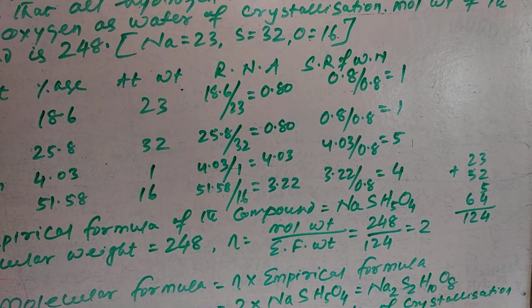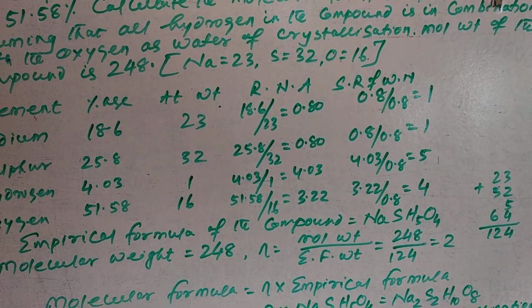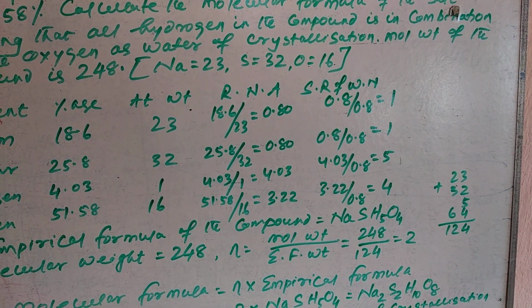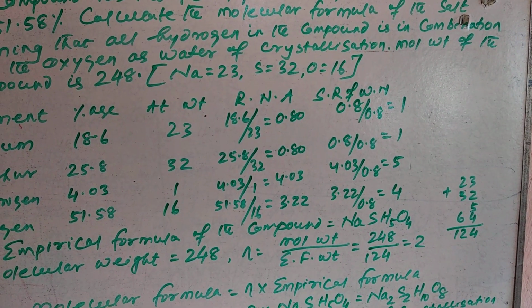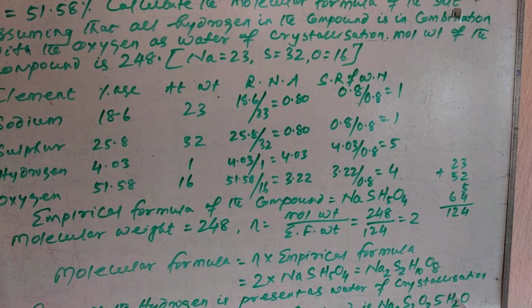Now in this column the least value is 0.80. Therefore, in order to get the values under the column simple ratio of whole numbers, all the values of column number 4 are divided by the least value.